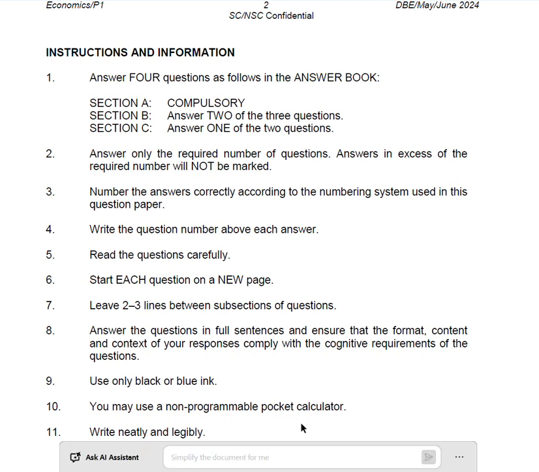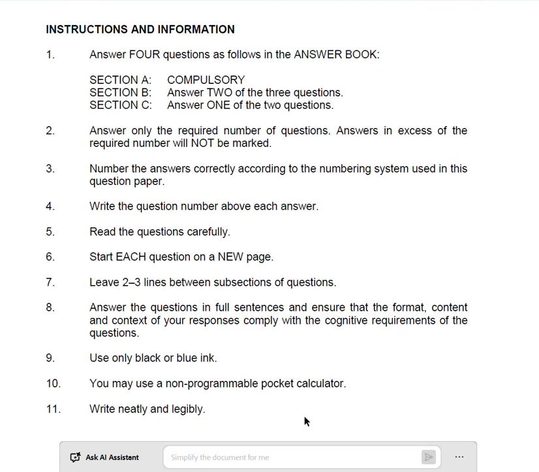Then number 11, you need to write neatly and legibly. It is very important for you to ensure that your handwriting is visible to the next person. If you're not sure about your handwriting during the year, you should ask your neighbor, can you see what I have written? Can you read what I have written? That helps you to improve throughout the year so that what you write can be seen by the markers.